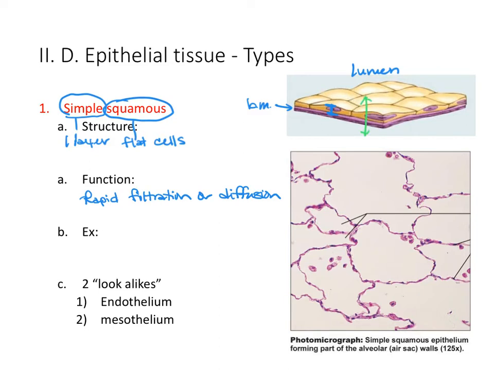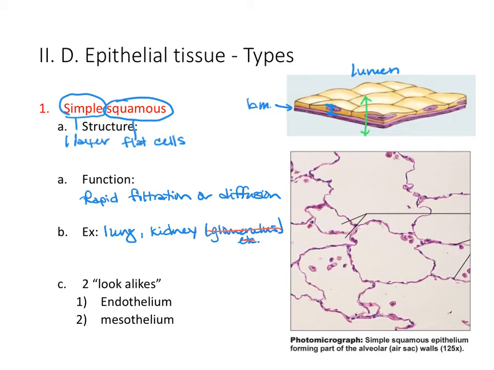Examples of places where we might find this would include the lung, and that's what the picture that we're going to see on the bottom here is. And then parts of the kidney. There's a blood vessel in there that's called the glomerulus. And there are other places too. You don't have to know glomerulus for right now, but kidney is another place where we're going to find simple squamous epithelium.